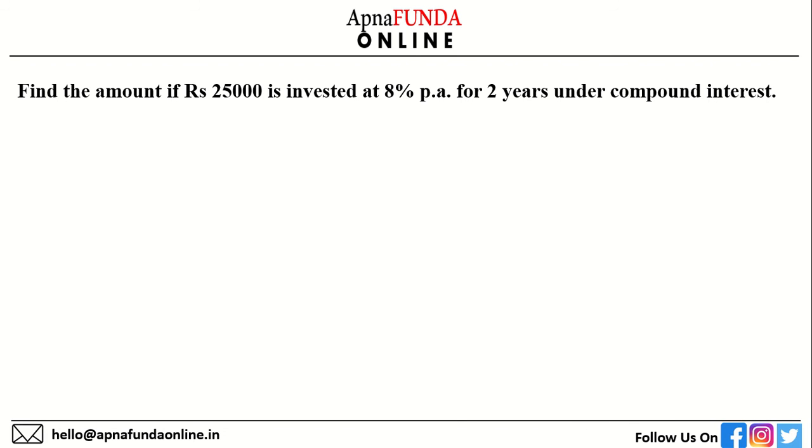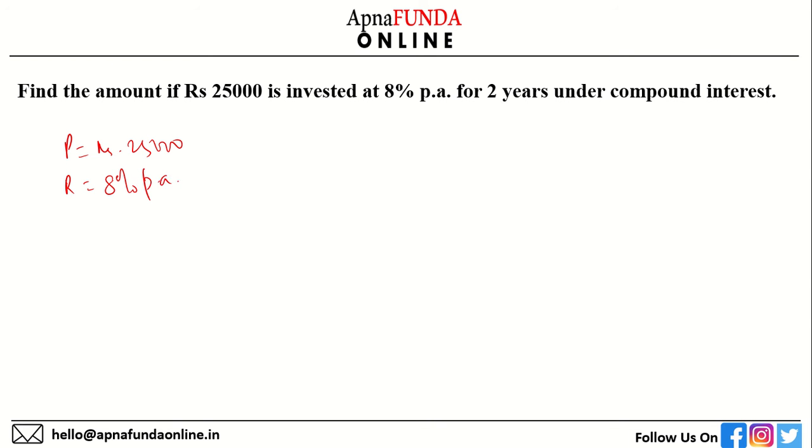Find the amount if rupees 25,000 is invested at 8% for 2 years under compound interest. Now we come to our first question on compound interest. So what is given to us is principal of rupees 25,000. Rate of interest is 8% per annum.